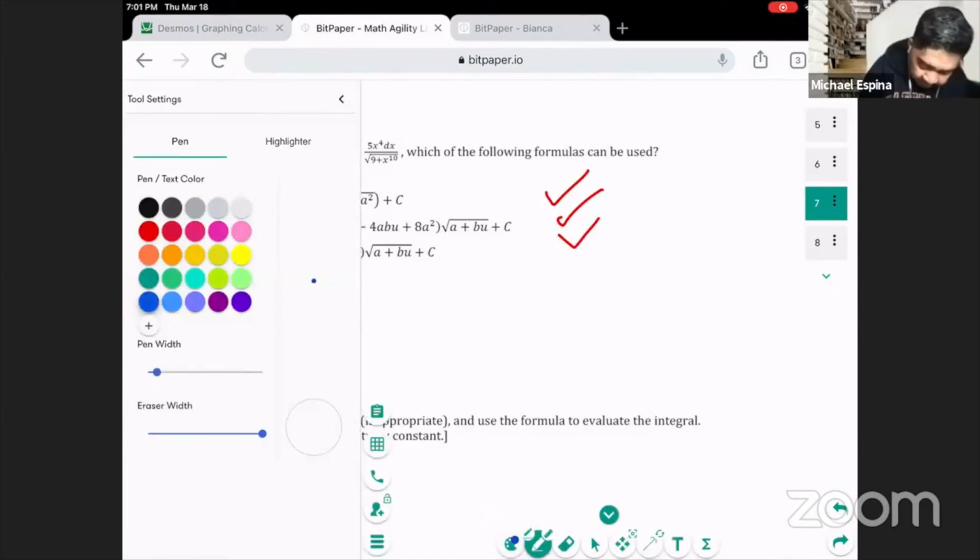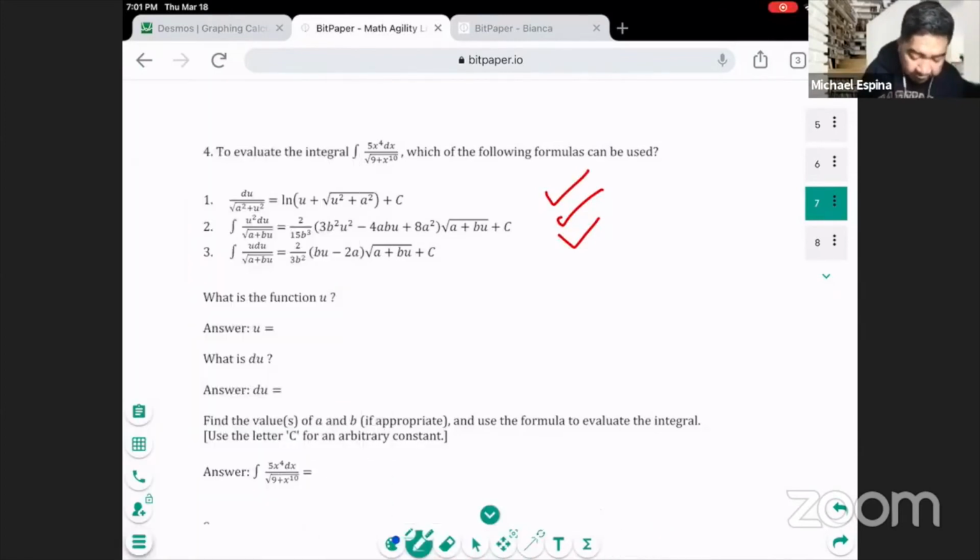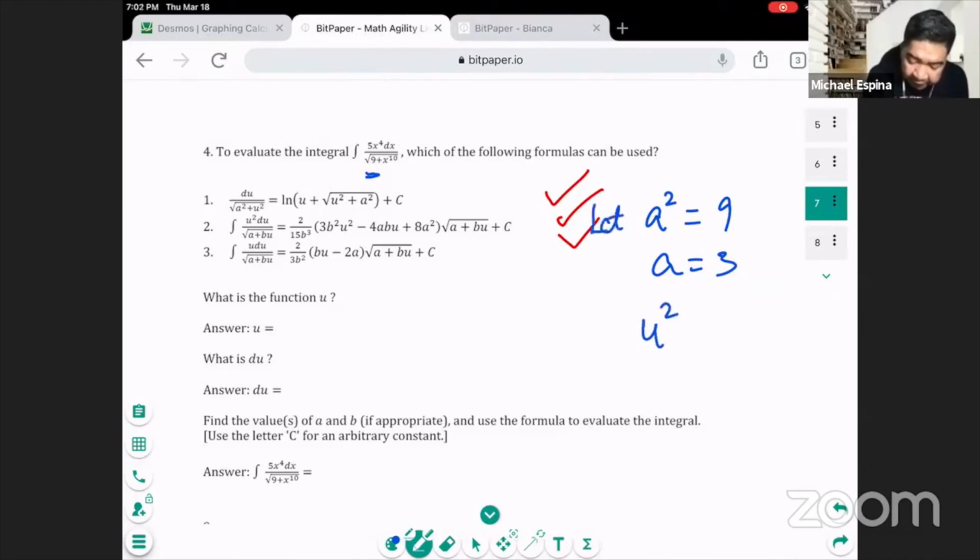Let's start with number 1. Let's try when a squared is equal to 9. So a is 3, right? Because of this value here in a radical sign. Then let u squared equal x to the 10th, so our u would be equal to x to the 5th, right?